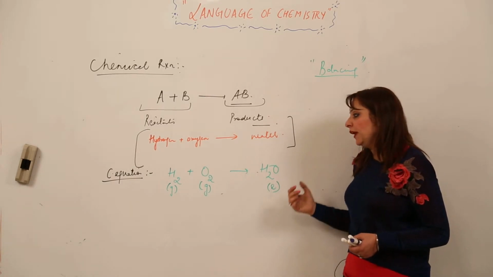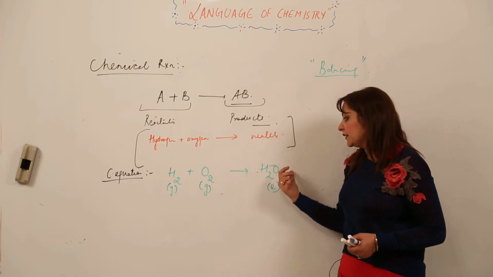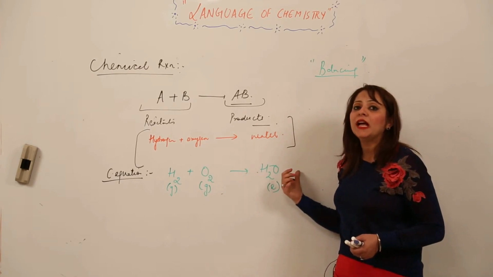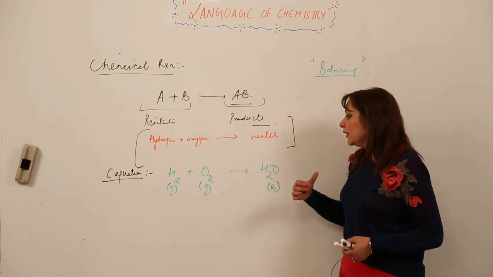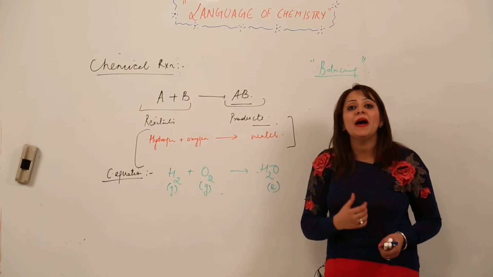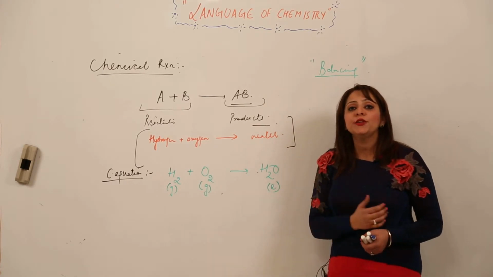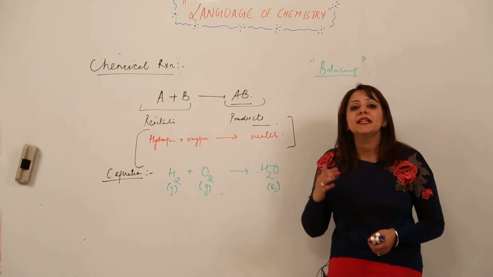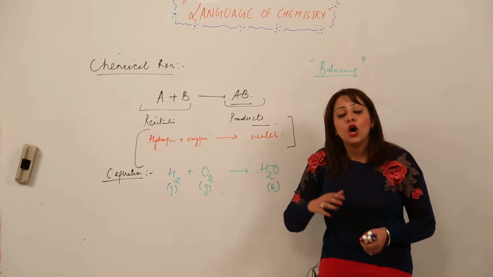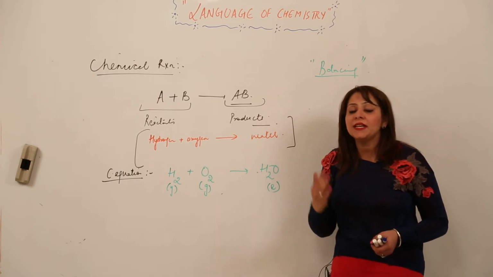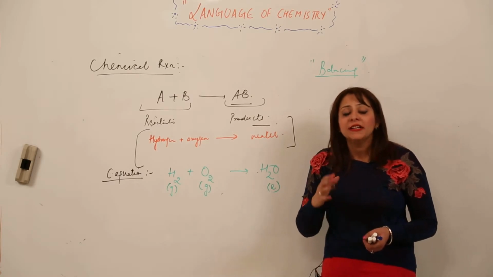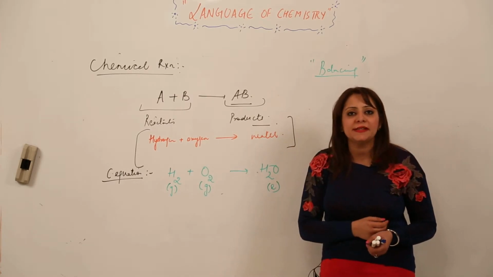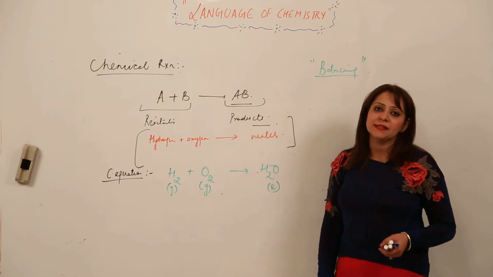No, it doesn't obey, because here the right side is deprived of one oxygen atom. So that means this equation needs to be balanced, because according to the law of conservation of mass, mass can neither be created nor be destroyed, though the form can be changed, but still the mass, or you can say the matter, is going to remain the same. So for this we need balancing, right?